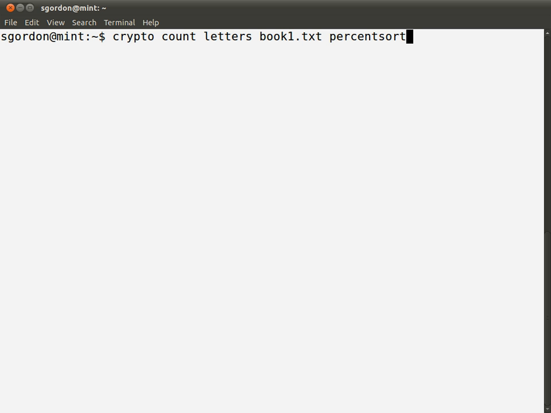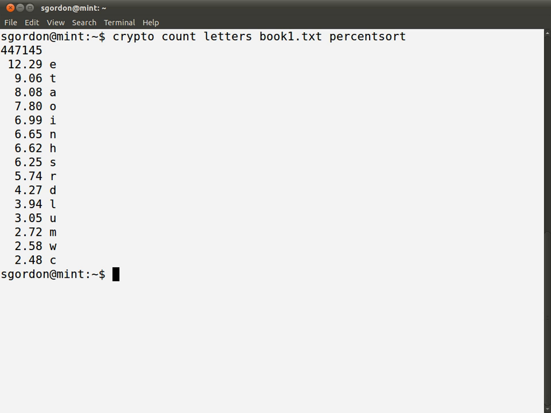It's got 447,000 English letters in there. I'm going to count the number of letters in that book, and sort them and rank them in order.